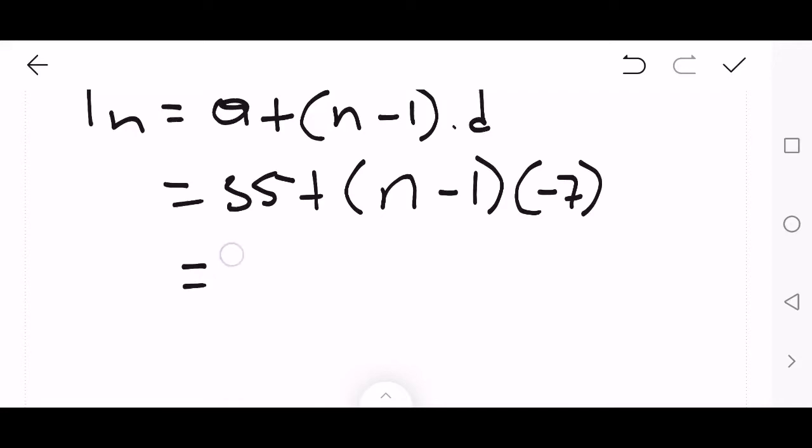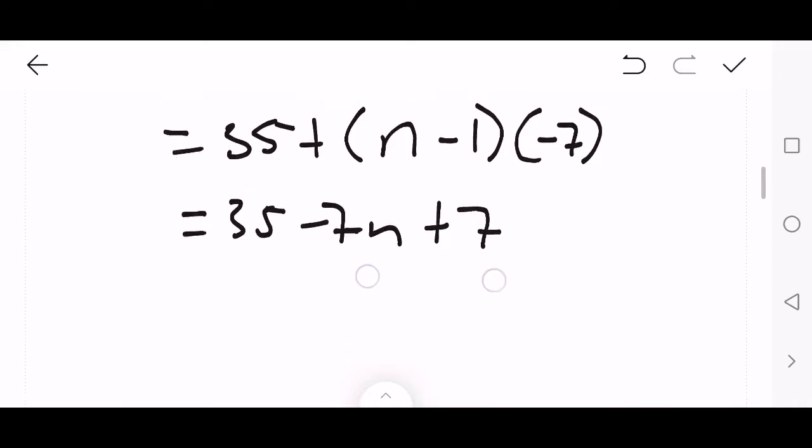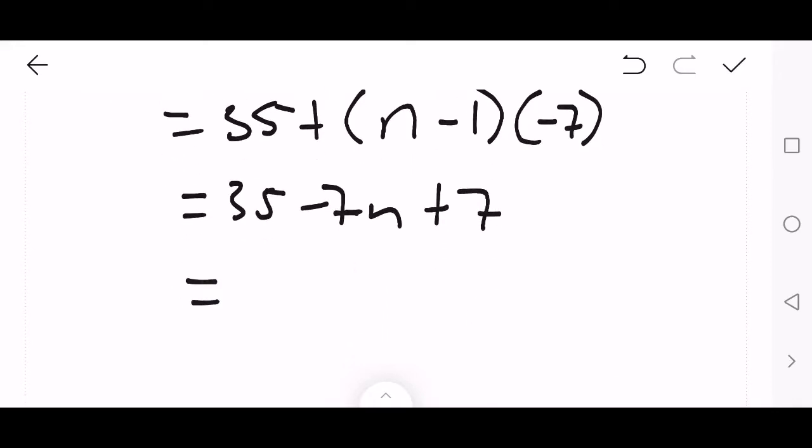So that's 35, n times minus 7, that is minus 7n. Minus 1 times minus 7, that's plus 7. So that would be equals 35 plus 7, that's going to be 42 minus 7n.